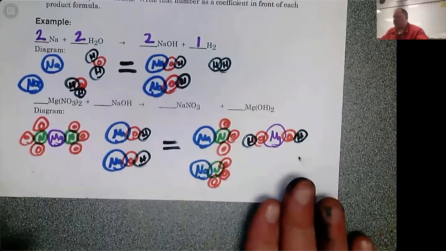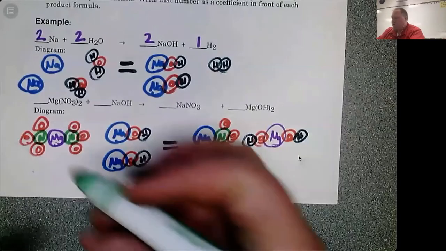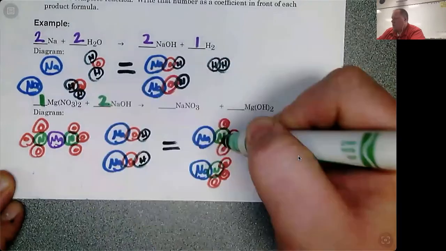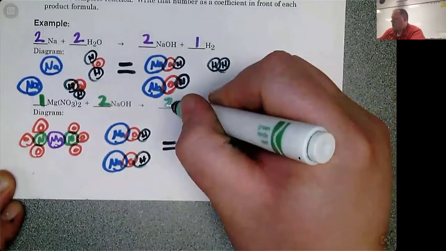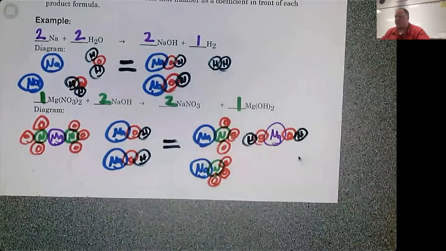Okay. So once you get that, all you got to do is count. I took 1 of these, 2 of those, 2 of those, and 1 of those. So those are my coefficients. So you don't have any questions over anything I did?